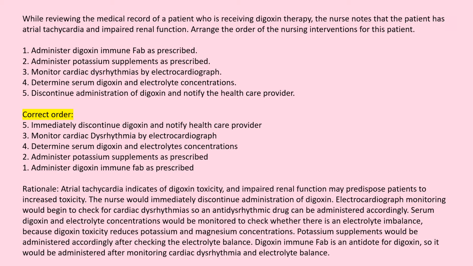Serum digoxin and electrolyte concentrations would be monitored to check whether there is an electrolyte imbalance, because digoxin toxicity reduces potassium and magnesium concentrations. Potassium supplements would be administered accordingly after checking the electrolyte balance. Digoxin immune fab is an antidote for digoxin, so it would be administered after monitoring cardiac dysrhythmia and electrolyte balance.